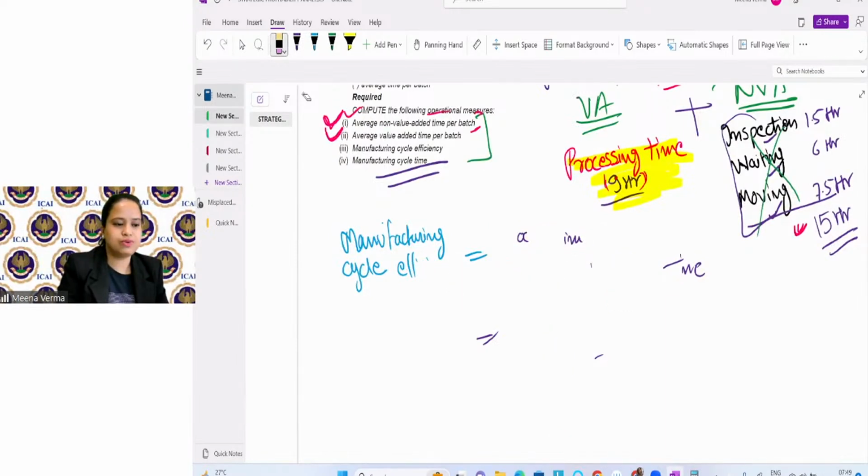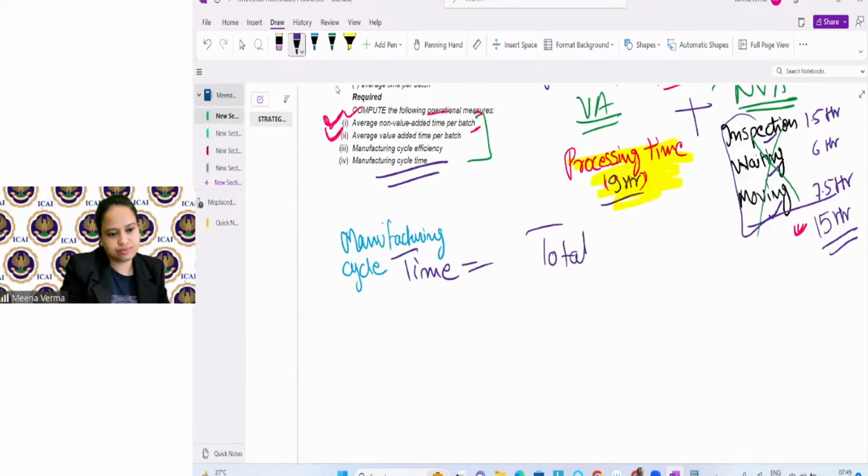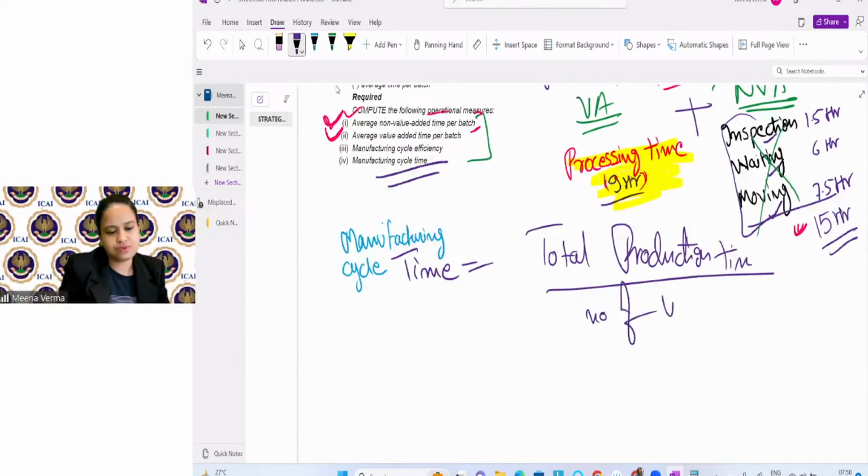Now, ma'am, what is manufacturing cycle time? So what is the formula for manufacturing cycle time? Total production time divided by the number of units we are producing.